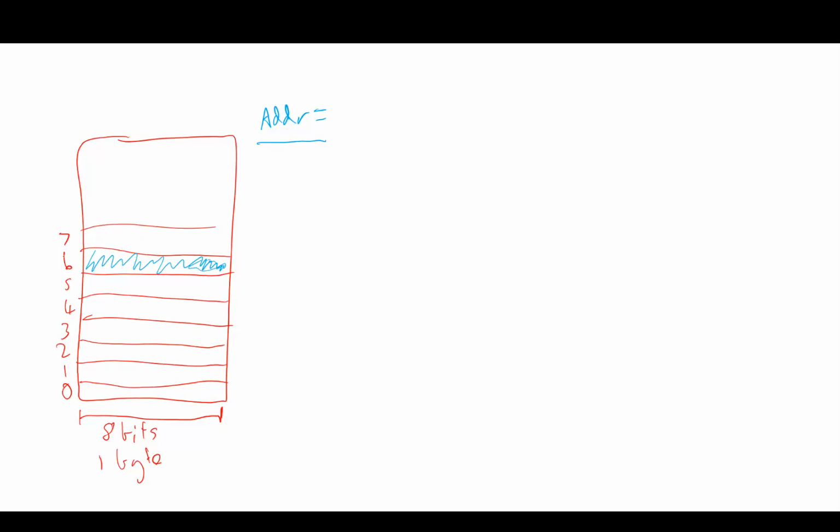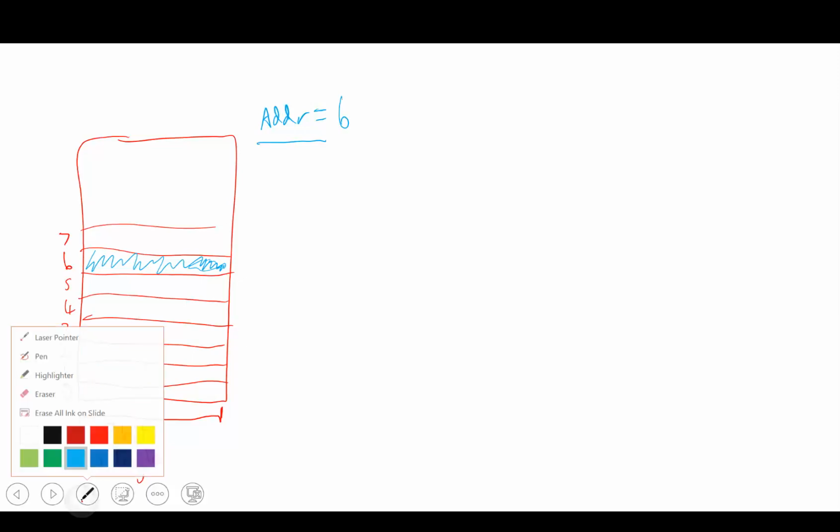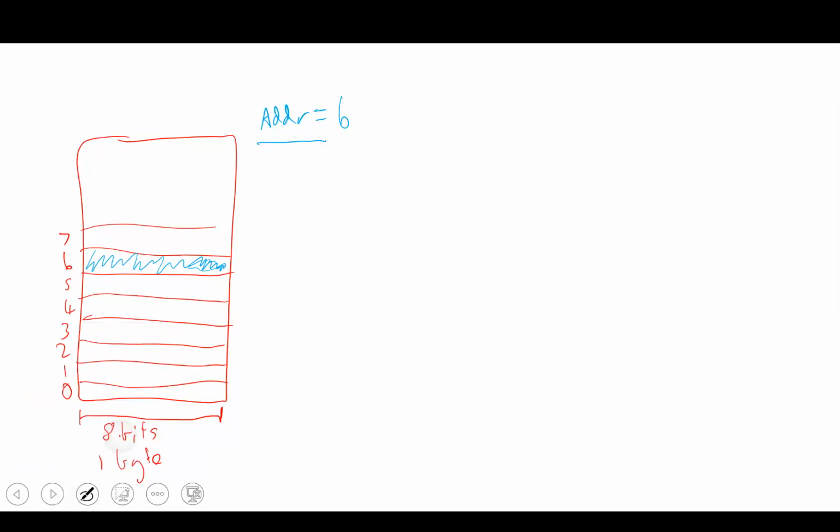So that byte is even, so it just happens that that address will be 6. If we were writing to this address, then your address value would still be 6 because it is half word aligned.